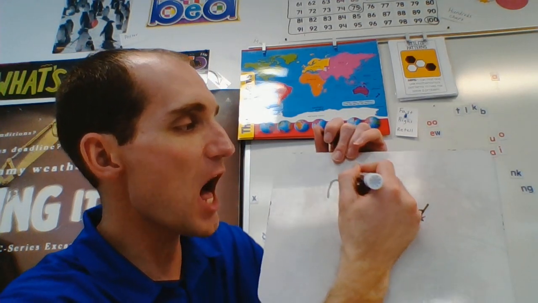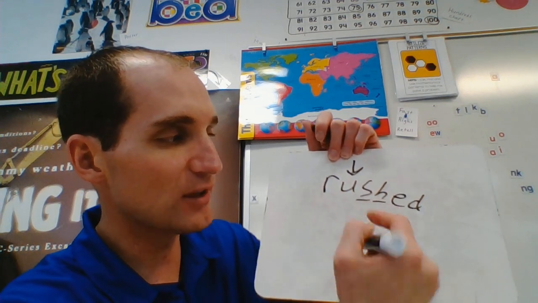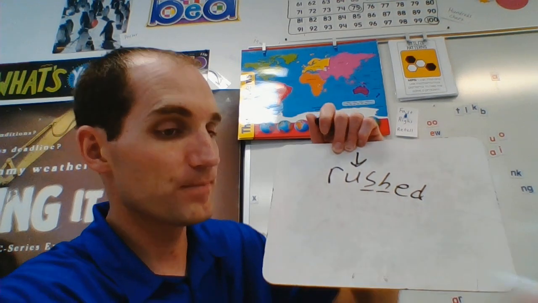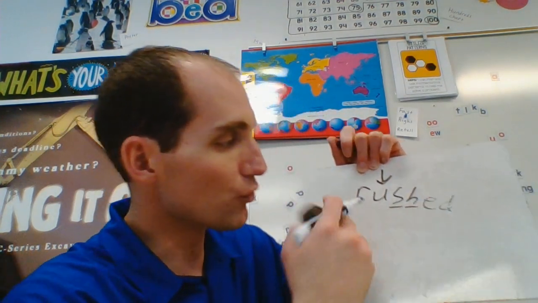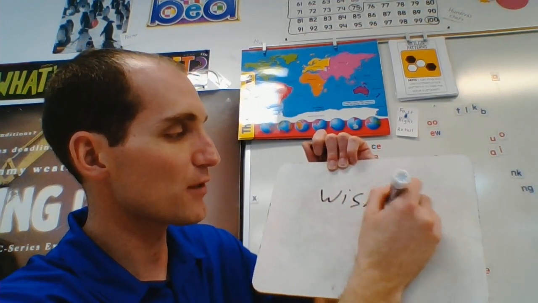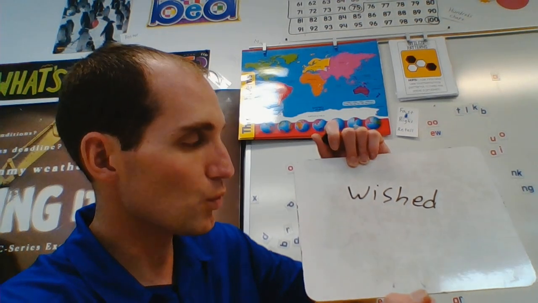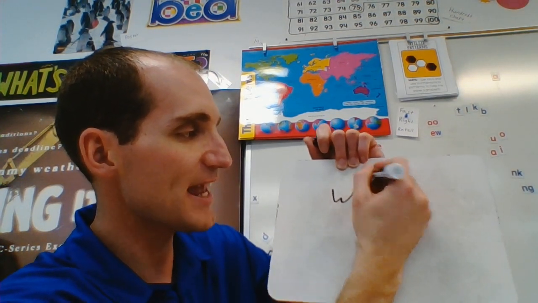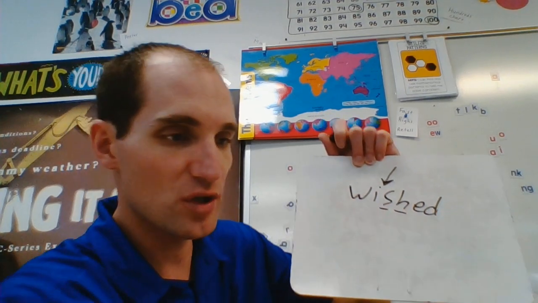The U says uh because there's 2 vowels before we get to the ending. Another word you're going to see in your story is almost the same. We're just changing the front of the word. Wished. Again, there's 2 letters in the middle, so the I can say i. Wished.